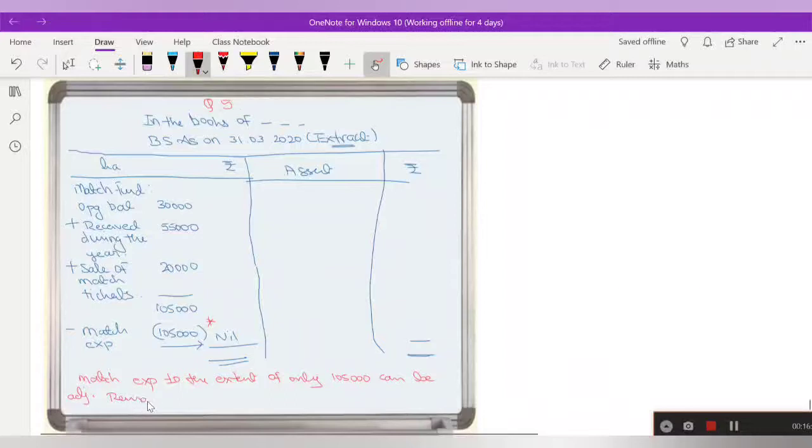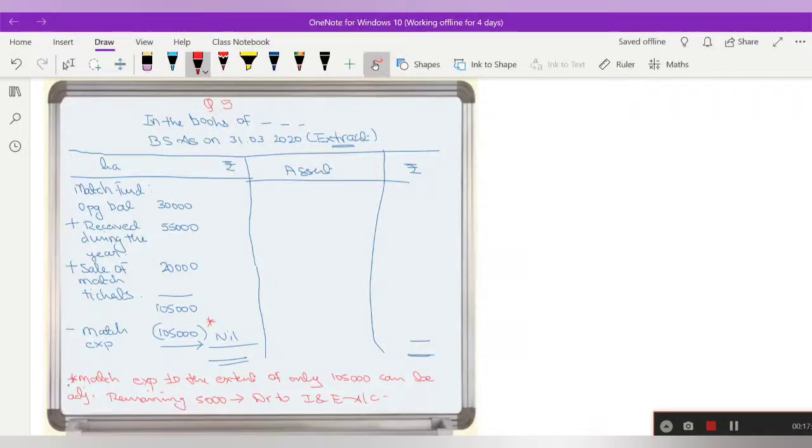The remaining 5,000 is debited to income and expenditure account. This note you have to write in the examination. Simple. This is a simple question on match fund, specific fund received and how it is utilized and how it is shown in your balance sheet and income and expenditure account.